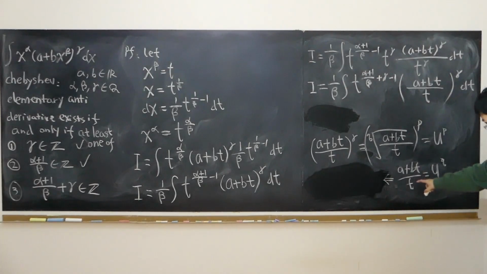Multiply t over to here and treat u to the power of q as a constant, a constant of b in front of t. Then rearrange it, bring it to the other side.